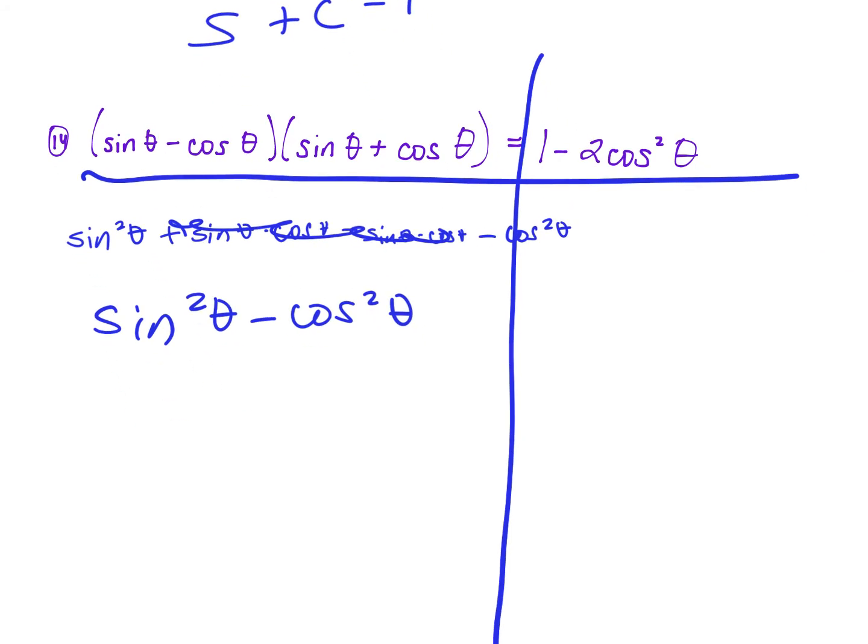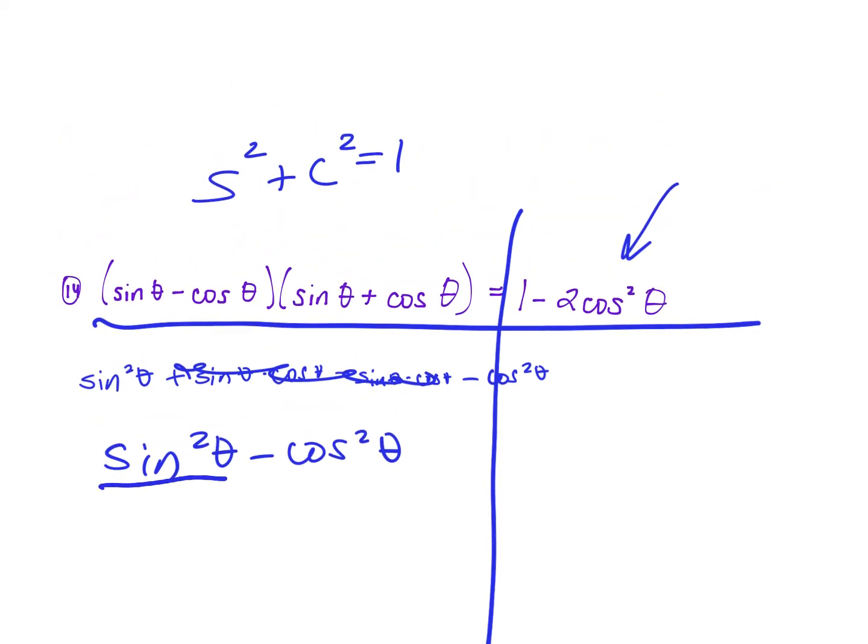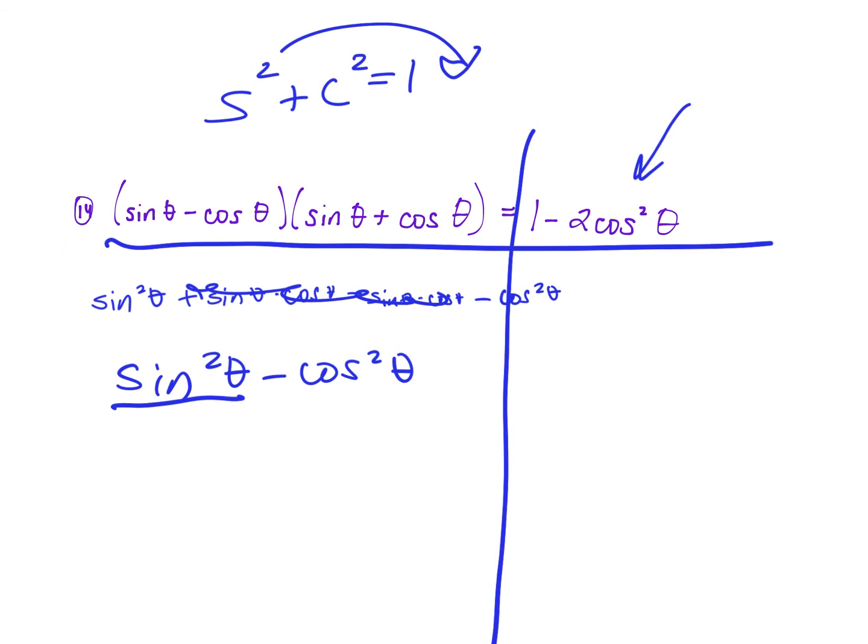Look at where you're trying to go. We're trying to go to where? We're trying to go to what trig function? Cosine. Well, can I do something with this Pythagorean identity that I could replace this with cosine? What could I do? If I move this over here, sine squared becomes the same as what? 1 minus cosine squared theta, right?